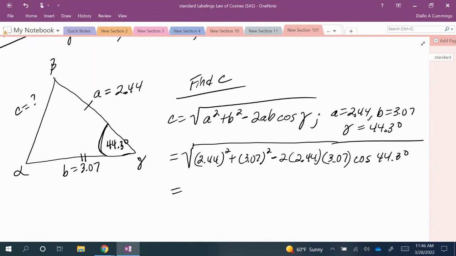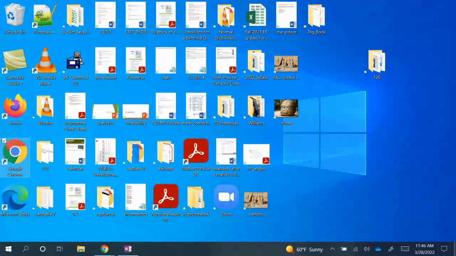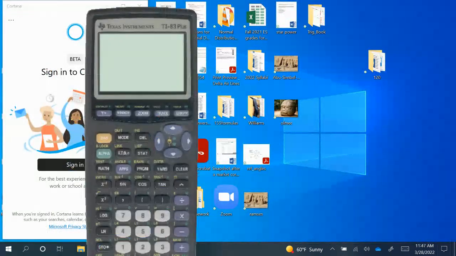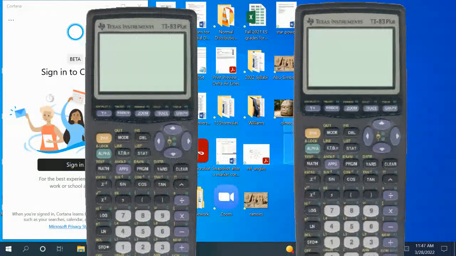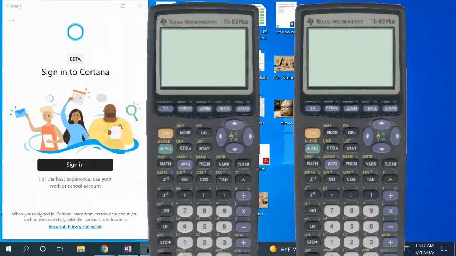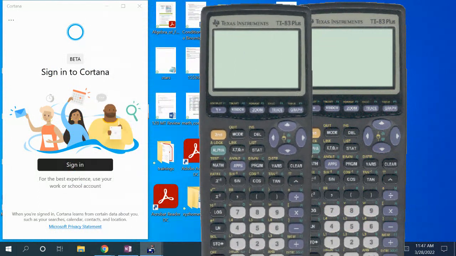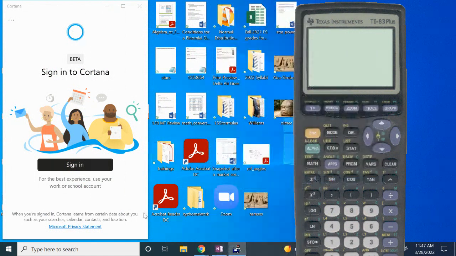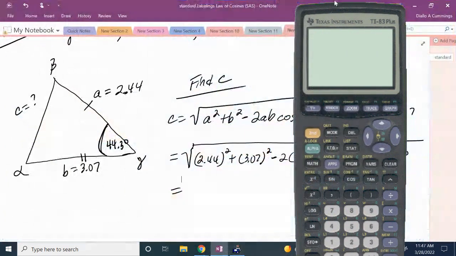All right, so we're going to put this into the calculator. I have two instances of the calculator up, so I'll close one down.